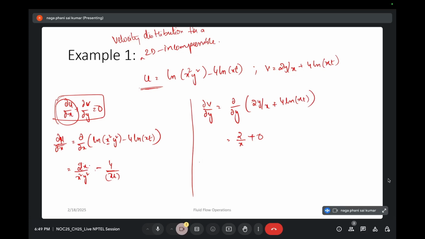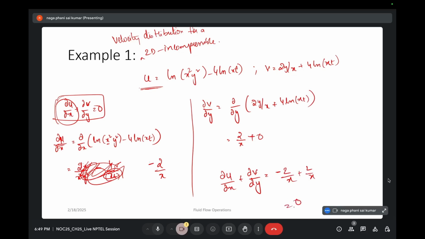Sorry, we have one more term, right? Okay, sorry. This is going to be minus 2 by x. So add them up. Dou u by dou x plus dou v by dou y. If you add them up, we will be getting minus 2 by x plus 2 by x.